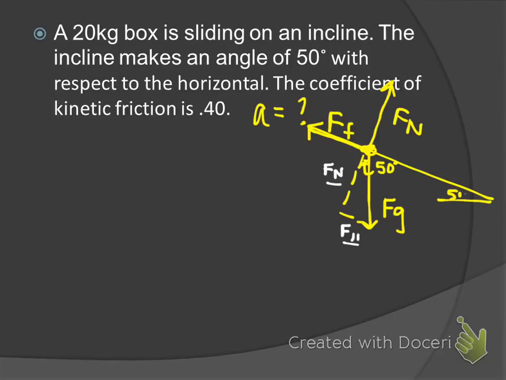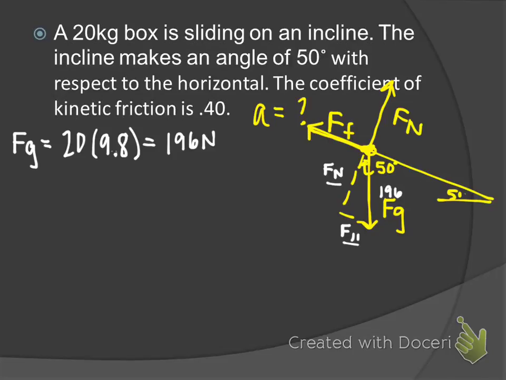Okay, before we can do any of that, though, we need to solve for FG. So how do we solve FG? Yep, good. 20 times 9.8. Okay, 196. So that is the hypotenuse of our gravity triangle.